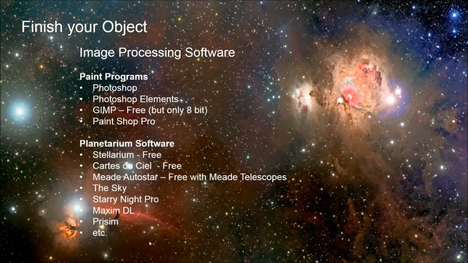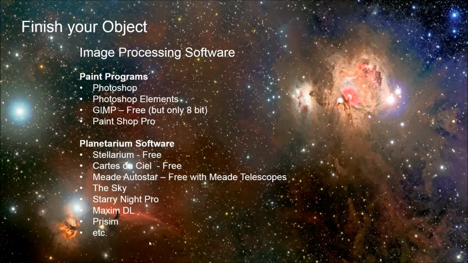I think there was a beta version of 16 bits, but I don't know if it's come out yet. So unless it's going to be 16-bit, I wouldn't bother, but if it is available with 16 bits and it's still free, then that's probably a good alternative, although you probably won't have the actions and plugins that you can buy that help you with Photoshop for astro.